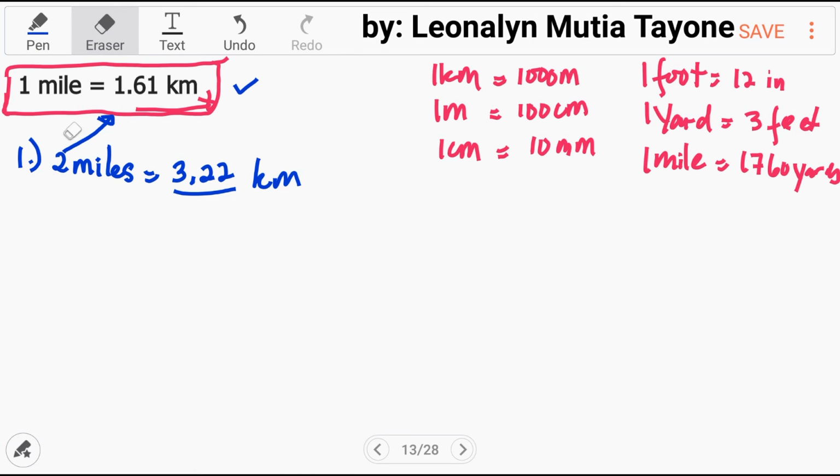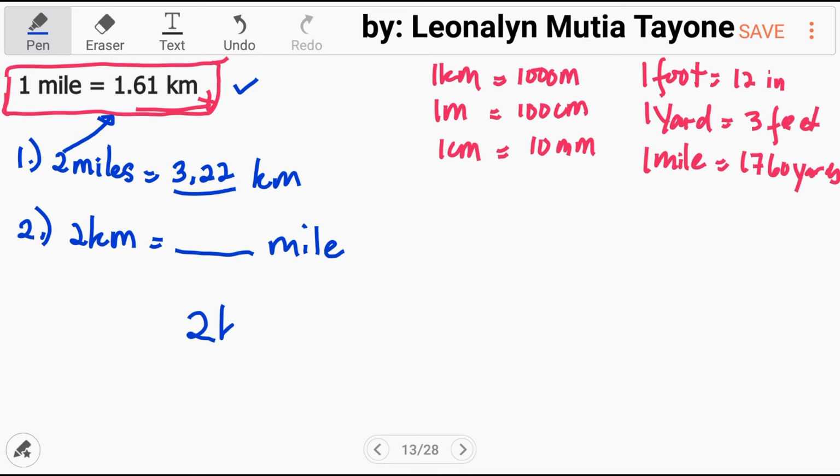Another example. Example number 2. 2 kilometers. I-convert natin to miles. Ngayon, para hindi kayo malito sa division, ganito ang gagawin natin. Si 2 kilometers, i-convert natin to miles. So, i-multiply natin yan sa fraction in such a way na itong kilometers na yan ay ma-cancel out.